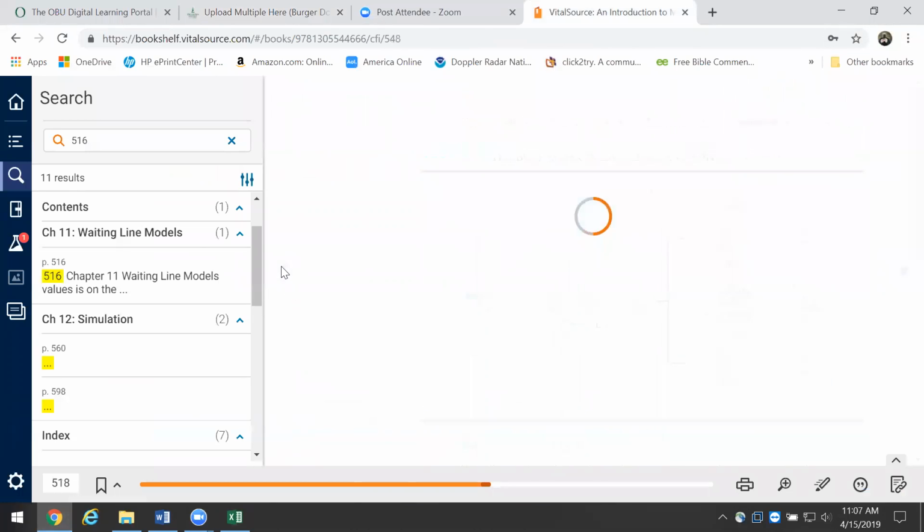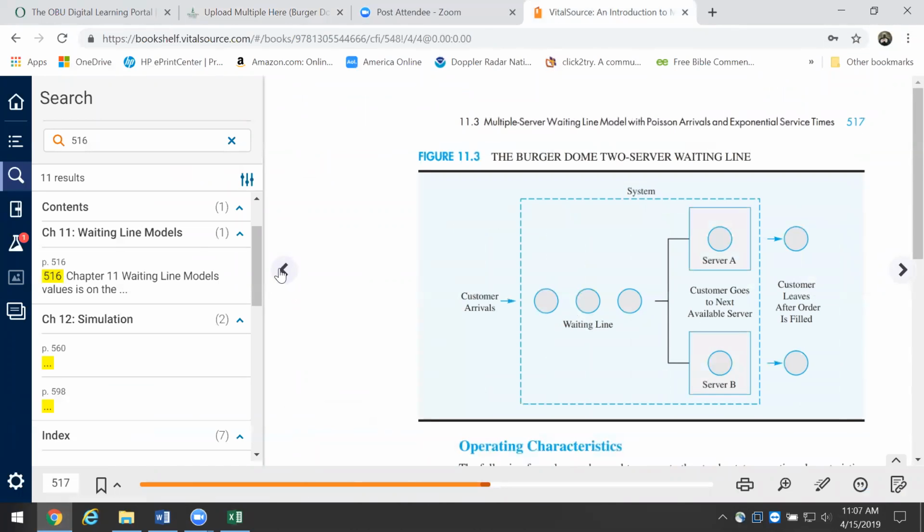Now, they show you a system. They show it demarcated, with the little dotted lines. Again, here's where we use a model or an approach, and this is how management science works. We say, okay, Burger Dome is a system.